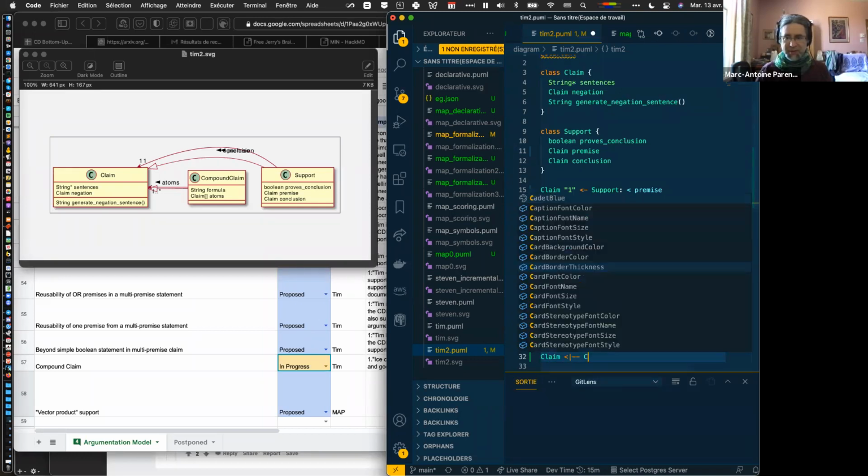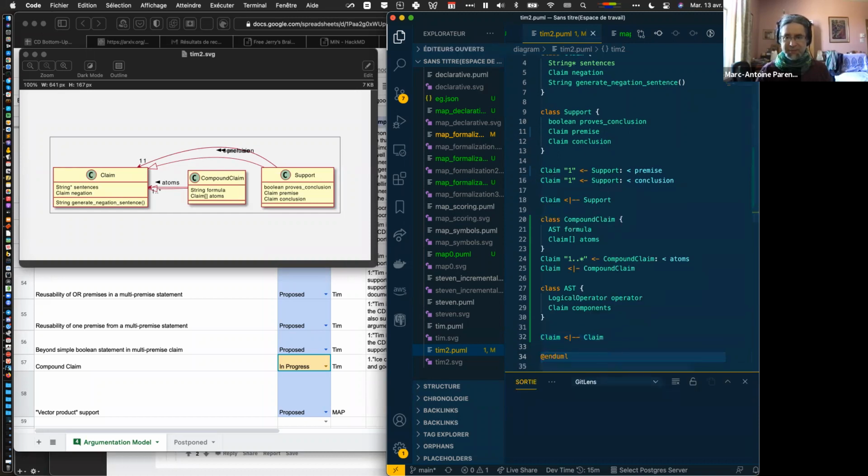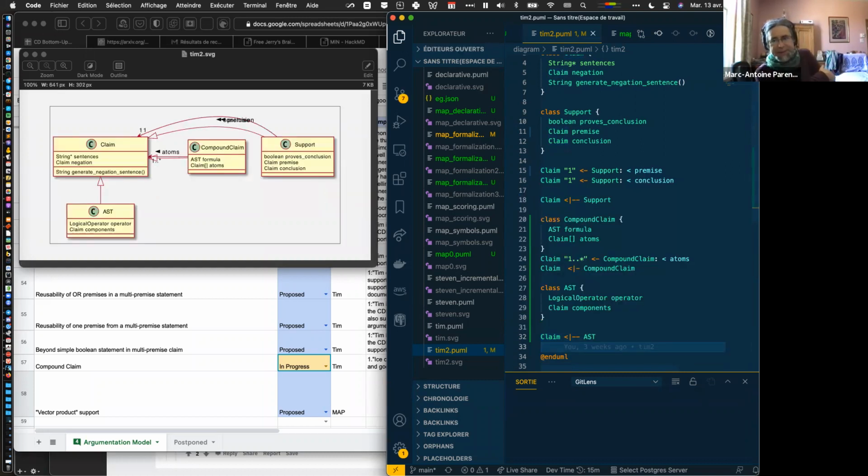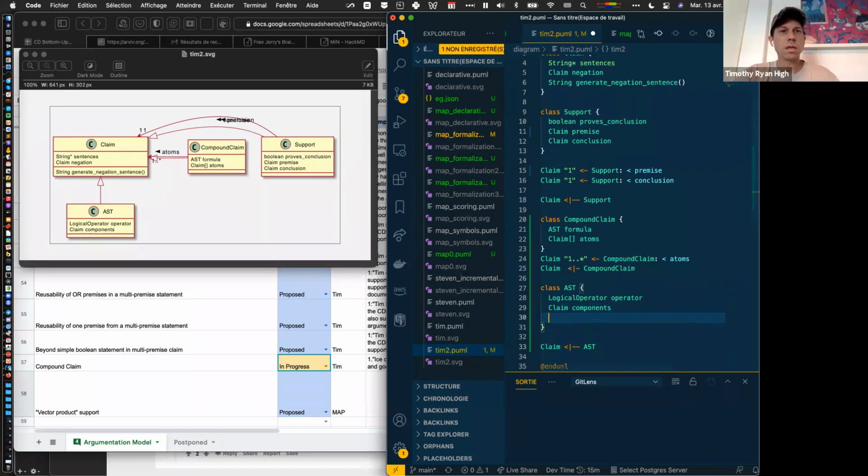AST is a claim. So do I need compound claim anymore? No, AST is a claim. No, I don't. Do you need it? Yeah, it is the compound claim.